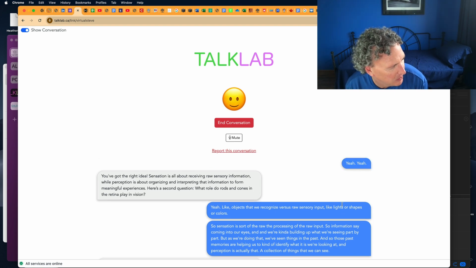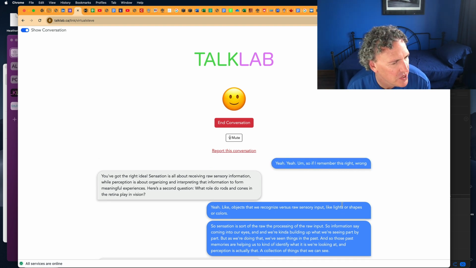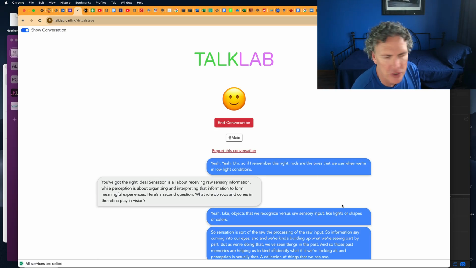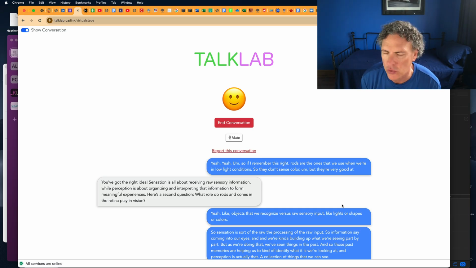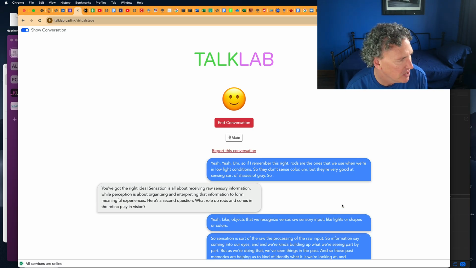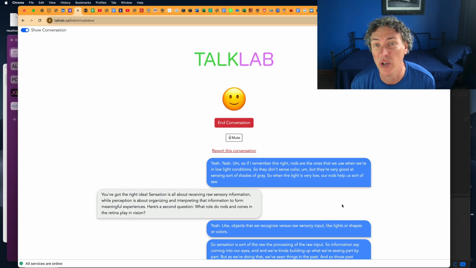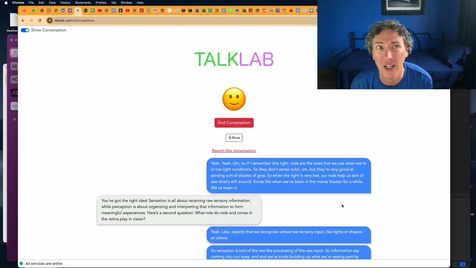Yeah, yeah. So if I remember this right, rods are the ones that we use when we're in low light conditions. They don't sense color, but they're very good at sensing shades of gray. So when the light is very low, our rods help us see what's still around. Kind of like when we've been in the movie theater for a while, in the dark, and then suddenly we can start to see things in the dark.